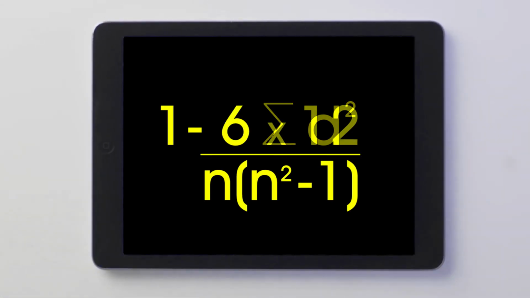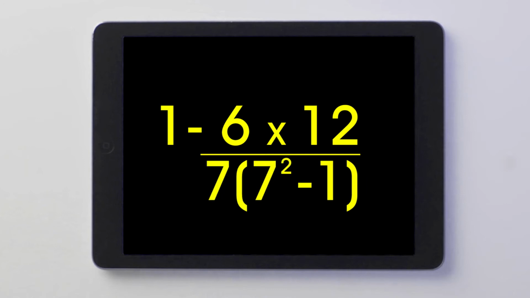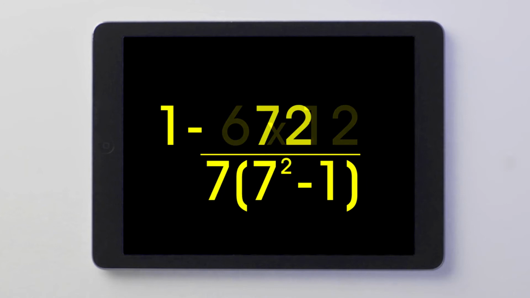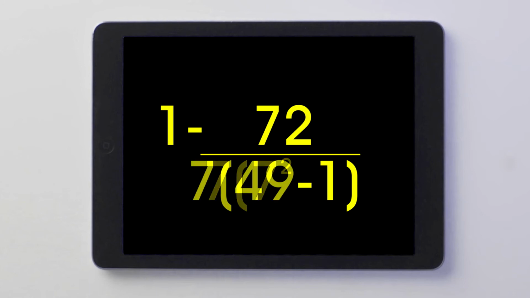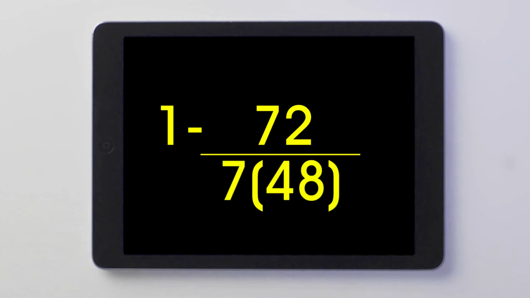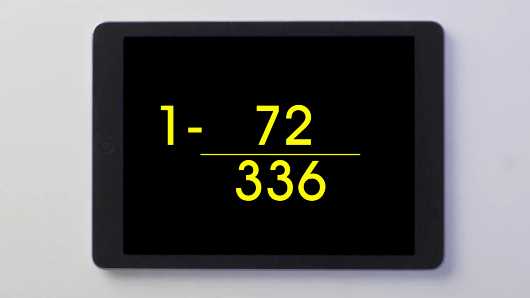Sigma D squared is 12. If we now look at the number of pairs of scores, we have 7, so n is 7. 6 times 12 is 72. We always calculate our brackets first, so 7 squared is 49, minus 1 gives us 48, so we have 7 times 48, and that gives us a total of 336.